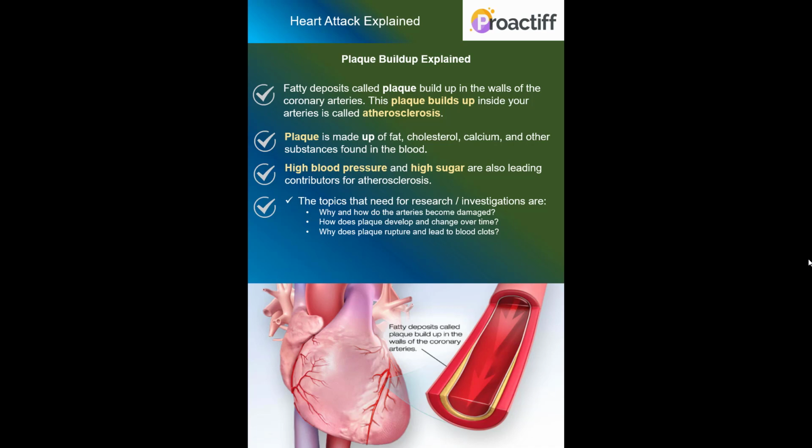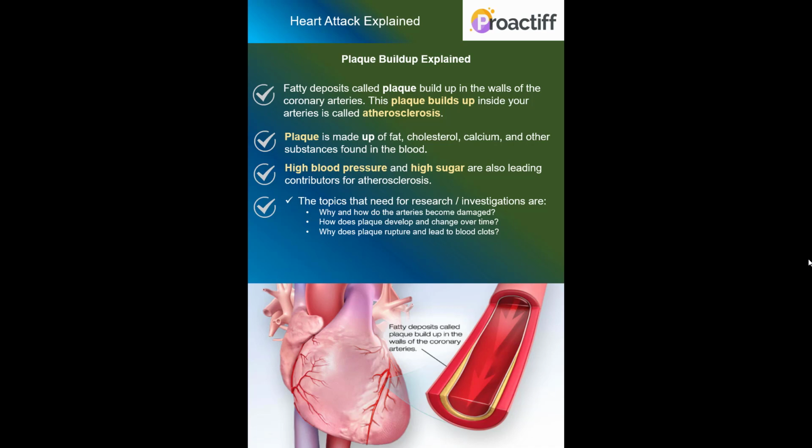Moving ahead, how does the plaque develop and change over time? Of course, with nano-enabled cameras, for example, such a study is possible in the near future.